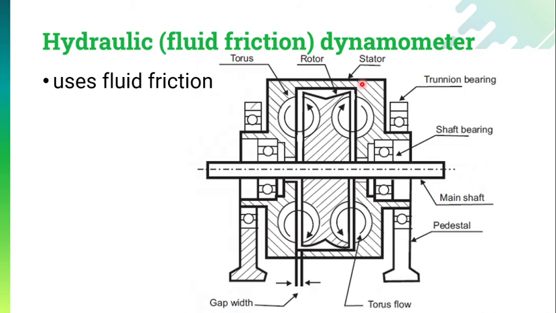Now the whole rotating disc is fixed on this particular shaft which is going to be rotating. The outer part, which is known as the stator, is also known as the stationary part, or say the outer casing, because it is actually enclosing the whole rotor part.